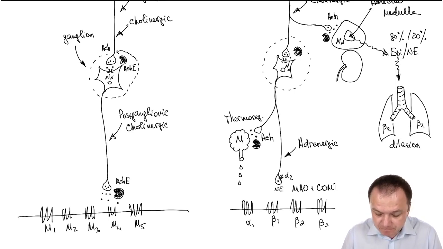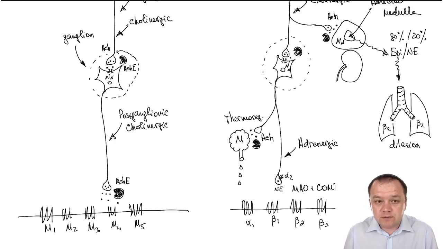Sometimes you can meet information that the arrector pili muscle is innervated by cholinergic fibers coming from the sympathetic nervous system that release acetylcholine, and also innervated by postganglionic adrenergic fibers that release norepinephrine.